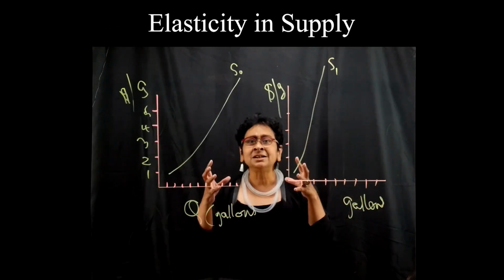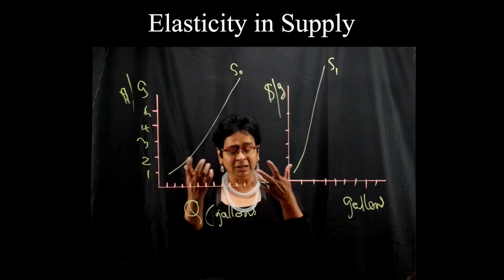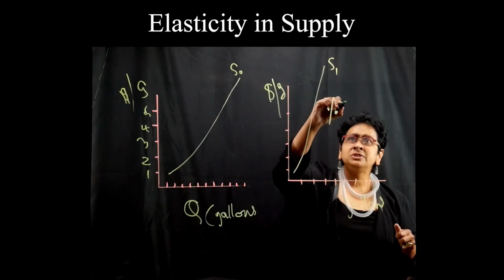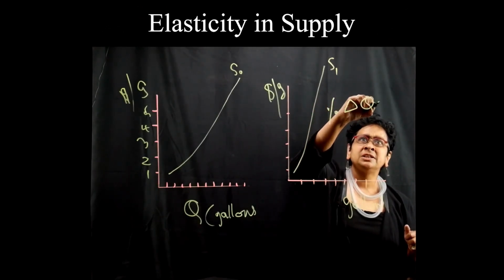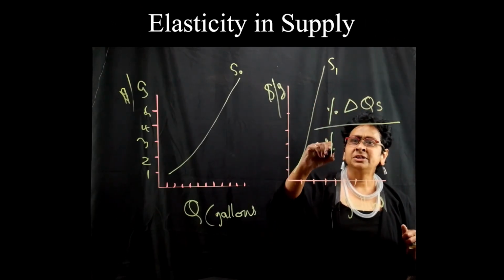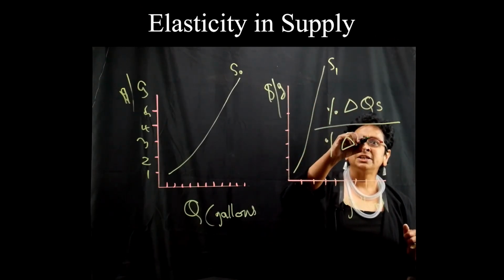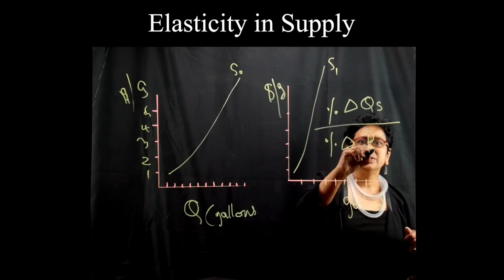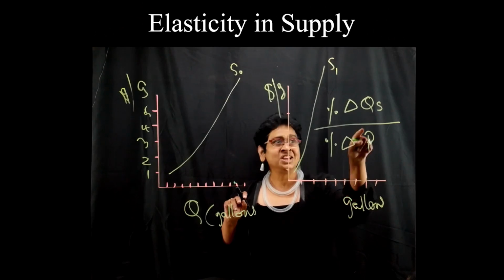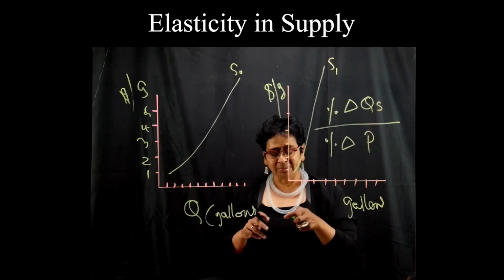So this idea of responsiveness is what we call elasticity, and the way we measure it is that we're going to take the percentage change in the quantity supplied as a ratio of the percentage change in price. So this tells me what percentage change in price generates what percentage change in quantity supplied.